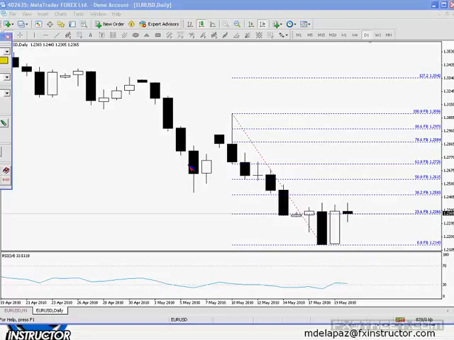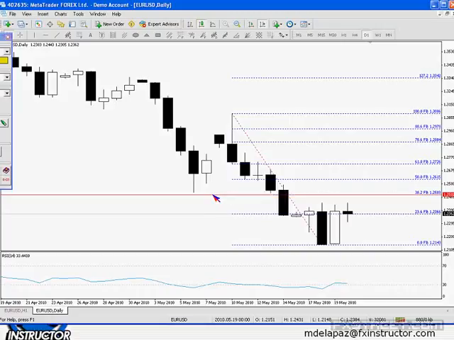I was thinking the way we closed above the 23.6 fib suggests that a further pullback is possible. I was thinking you have a very nice resistance around the 38.2 fib. 125 is also there. So I'm thinking, yep, my pullback should at least see me hitting that 125 area.